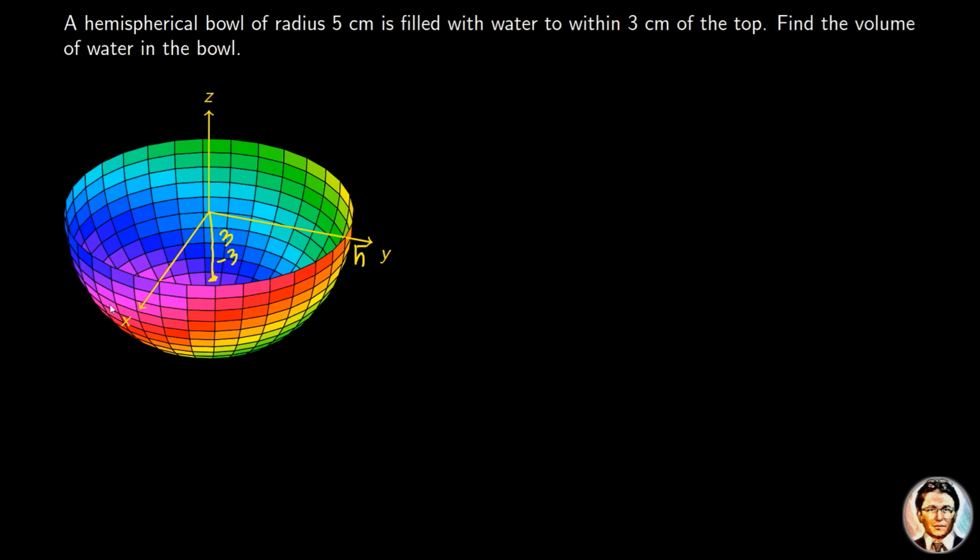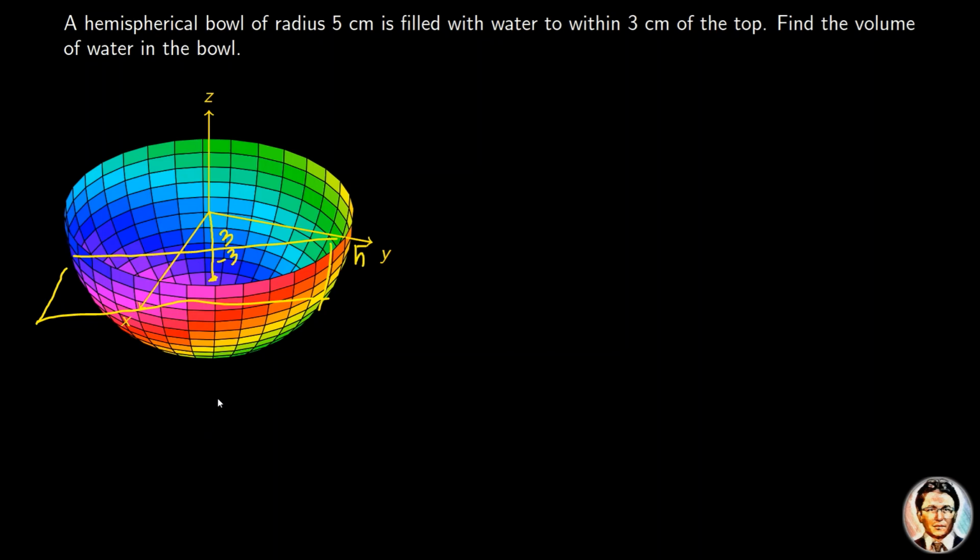We have a plane, let's say. We fill it with water. So we have a plane, something like this. And what is the volume of this lower part? Equivalently, you can change it to be +3.